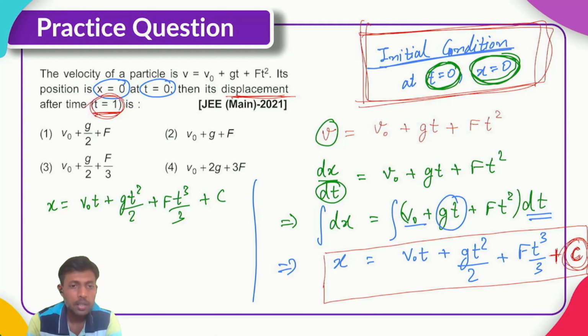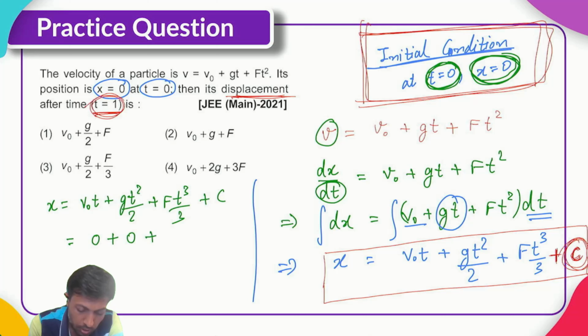This is what the initial condition tells me. So let's put t equal to 0. This term becomes 0, this becomes 0, this becomes 0, and c is left like that. If I put t equal to 0, the x value should also become 0. So from here, I get the c value as 0.